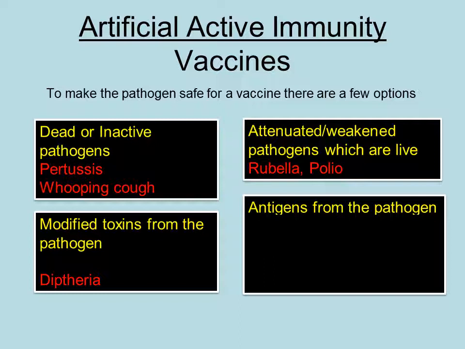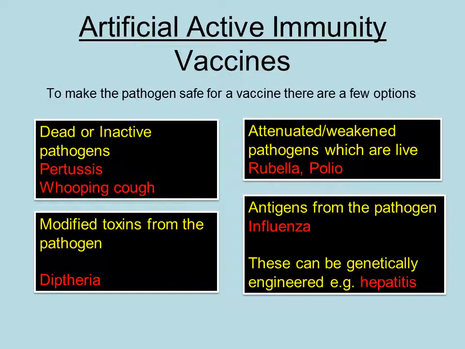Now, the last type of vaccine are the ones where the antigens are identified and used just to create a vaccine. This is very common with influenza, the flu vaccines. They will identify those particular antigens on the surface of a flu virus, and that's how they create the flu vaccine each year. We can also genetically engineer these, and hepatitis is a good example of one that's been genetically engineered to be more effective.